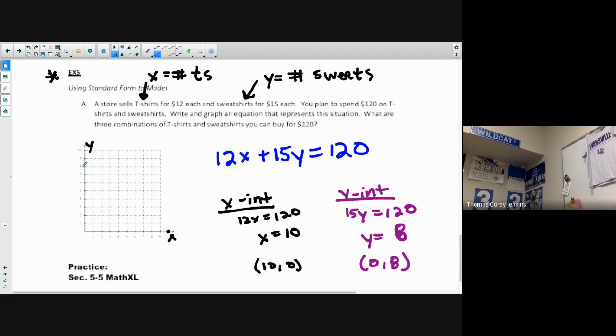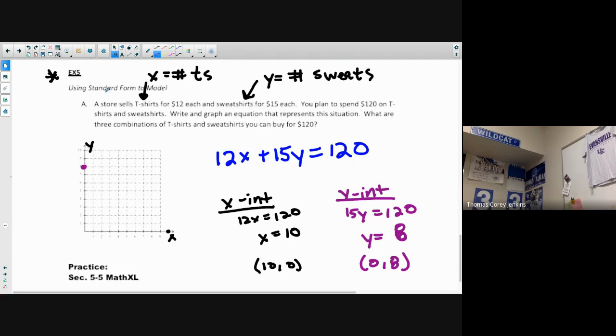Based on those, if we want to find a third point, which might not be a bad idea because we get a little sloppy with our lines, I'm going to think about the slope here. So we can put another guide point. I go down 8 and over 10. That's my slope, which reduces to -4/5.